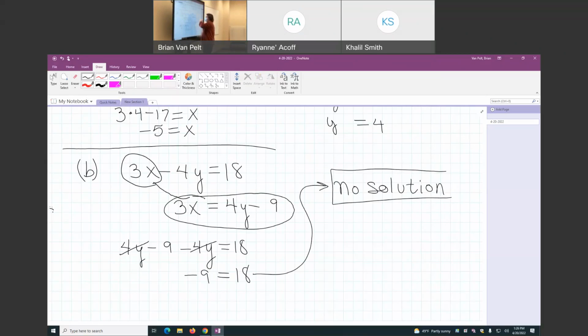The problem was so bad that it doesn't even matter what x you put in, you'll always end up with this false statement no matter what. If you added 9 to both sides, which you might have done, you probably would have ended up with an equation like 0 equals 27, which is still wrong. So it's still completely false.